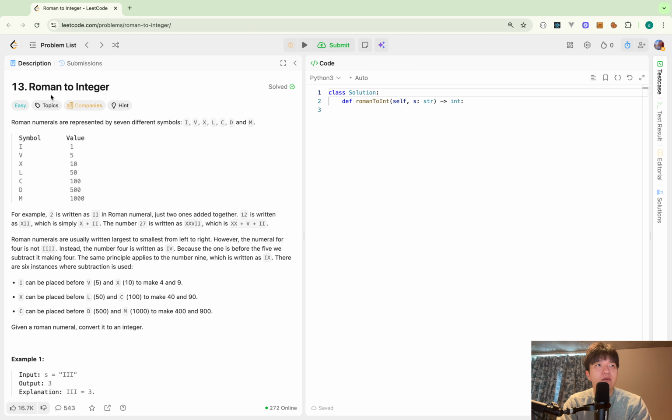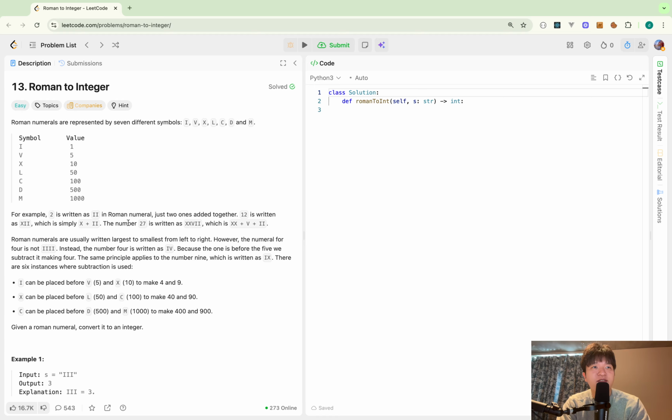Roman numerals are represented by seven different symbols, each with an associated number. For example, 2 is written as II in Roman numeral, just two ones added together. 12 is written as XII, which is X, 10, and II, which is simply 10 plus 2.